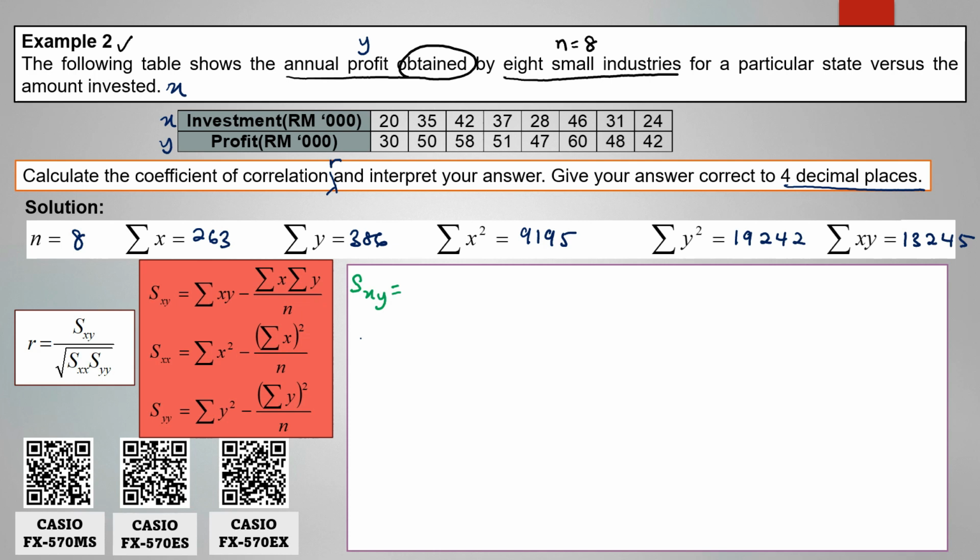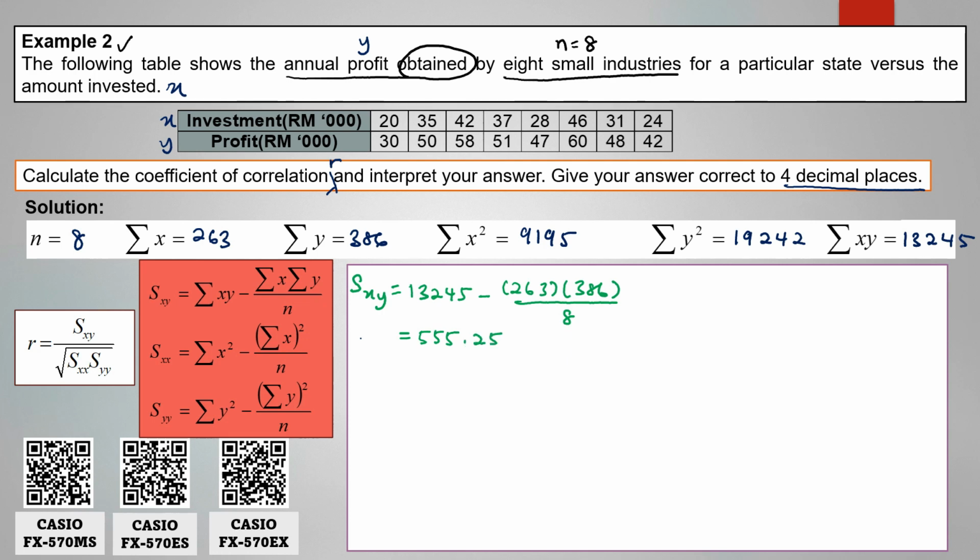SXY is equal to, put the values inside the formula. You will have 13,245 minus summation X 263 times 386 divided by 8. Press your calculator correctly, you will get your answer 555.25.